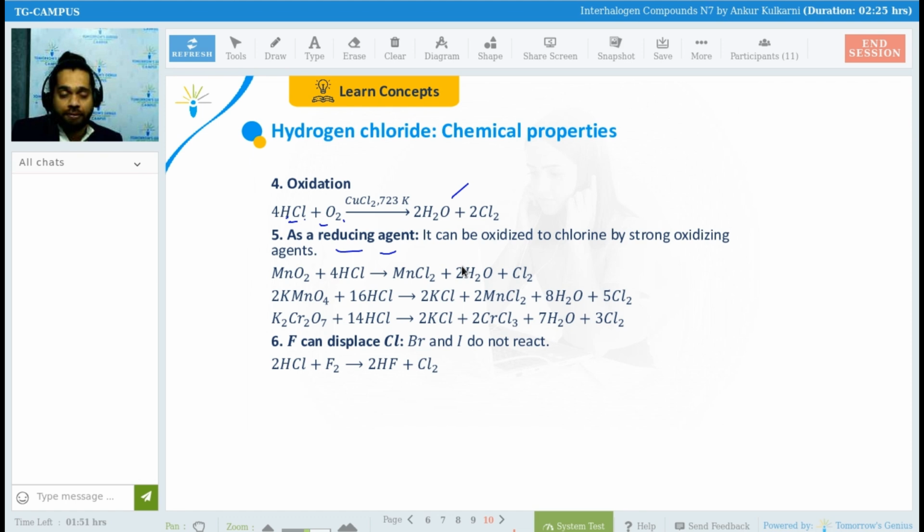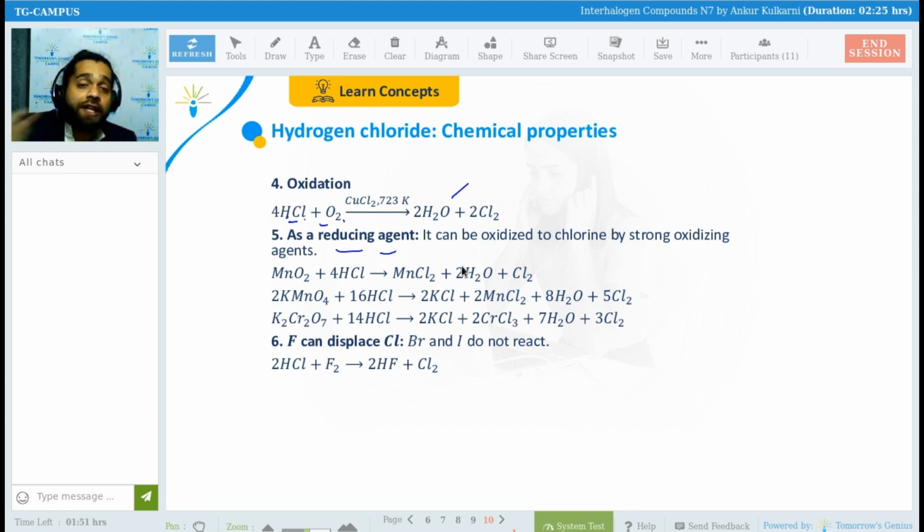Correct, Sashidharan. So a reducing agent, the agent is the one which does your work, isn't it?